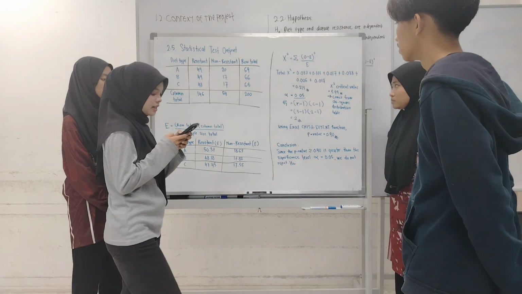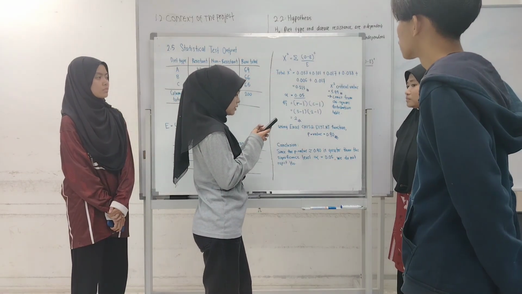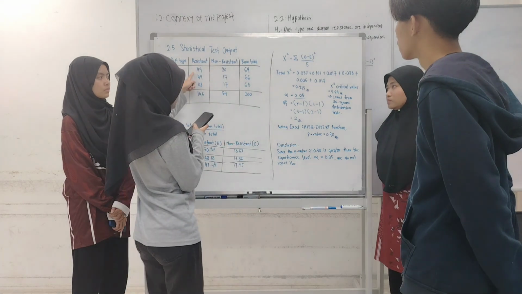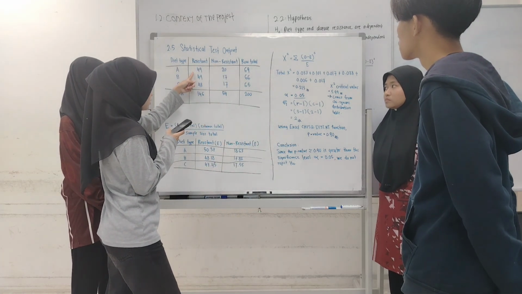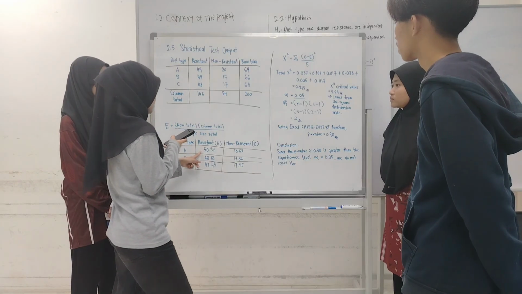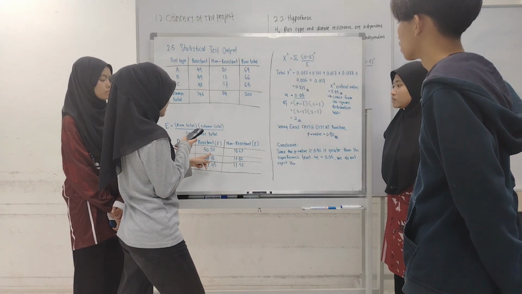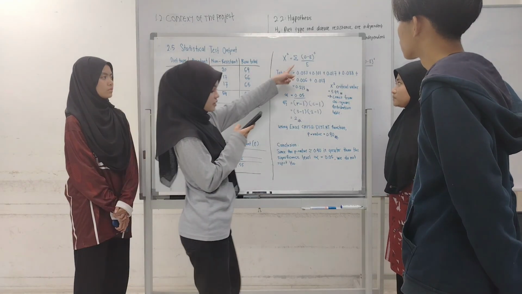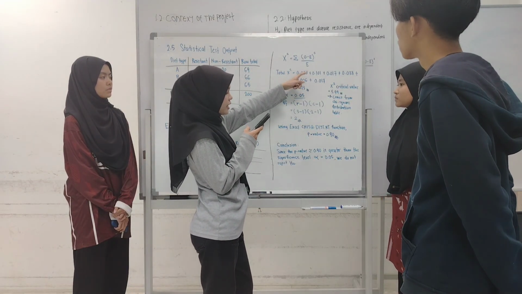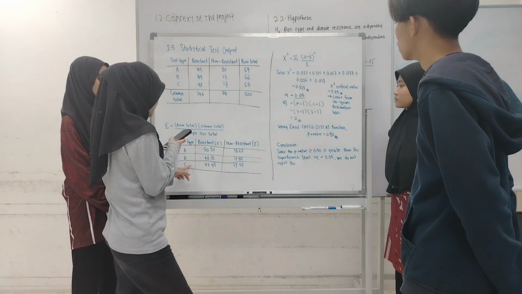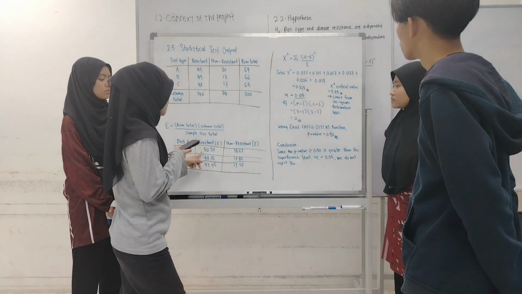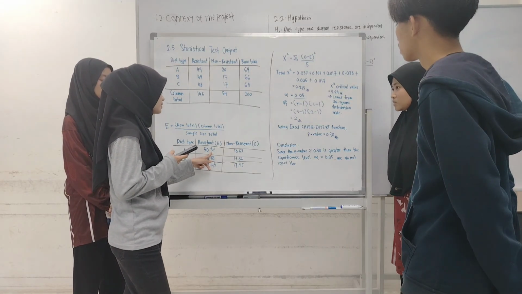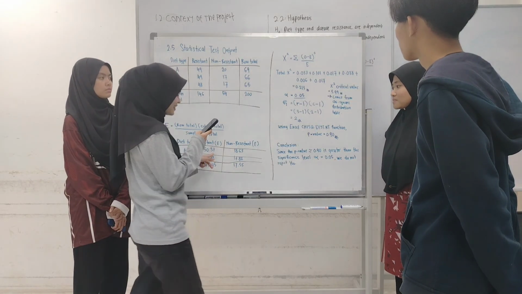After that, we need to find the chi-square value. To find this, first, 49 minus 50.7 squared, and divided by 50.357.